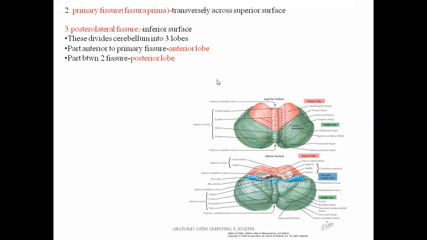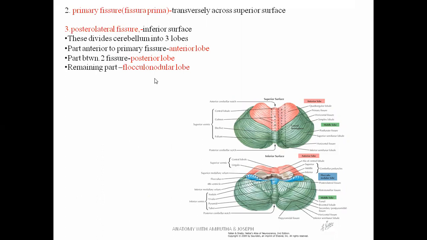The part between two fissures is called the posterior lobe. So between the primary fissure and the posterolateral fissure. Remember, the posterolateral fissure is seen in the inferior surface, and fissura prima is seen on the superior surface. So between this and this, whatever part is coming here, that's called the posterior lobe of the cerebellum.